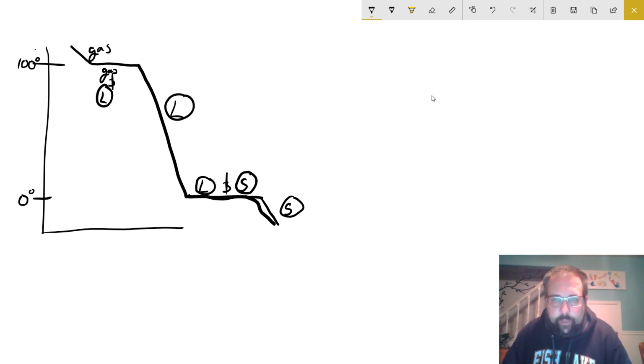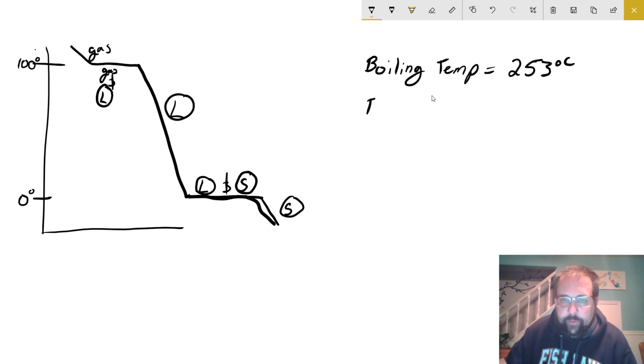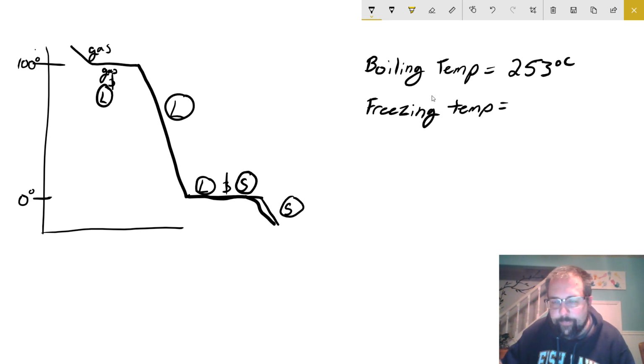So what I want you guys to do is draw me a graph for an element that has a boiling temperature at 253 degrees Celsius and a freezing temp at 36 degrees Celsius.